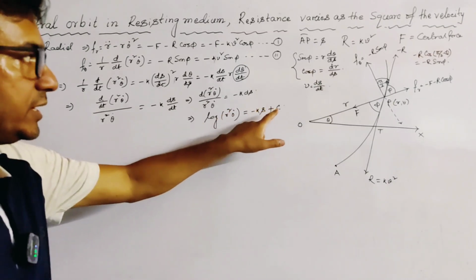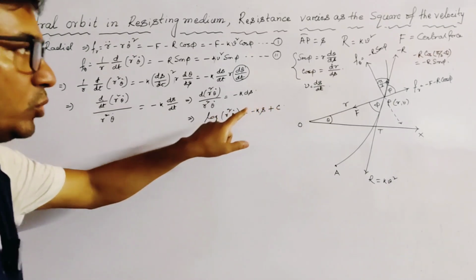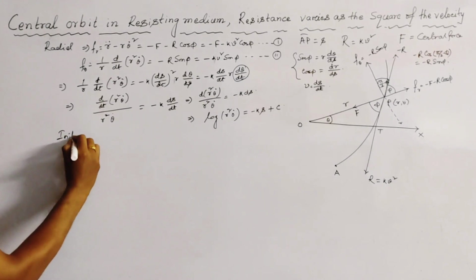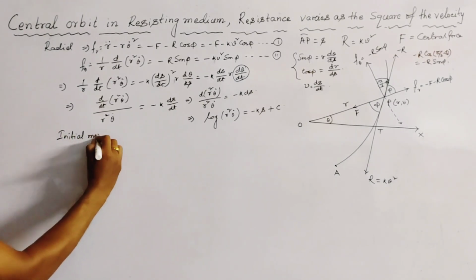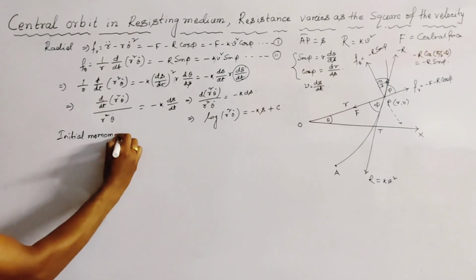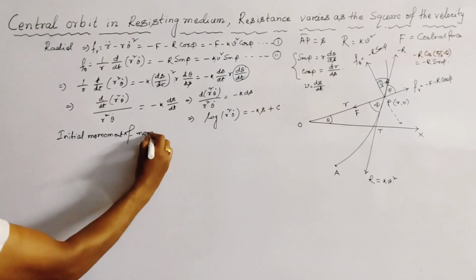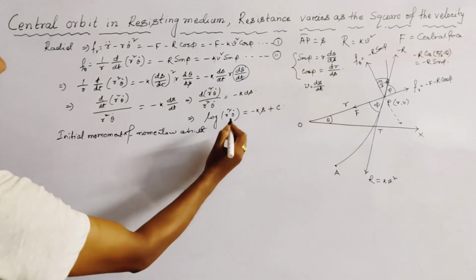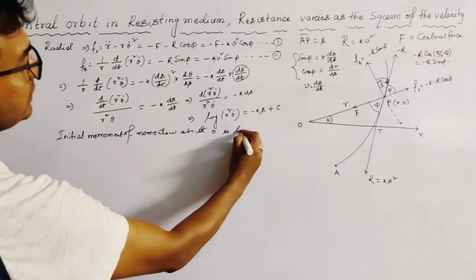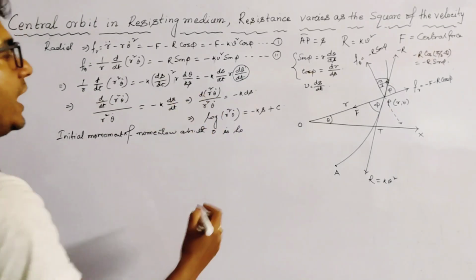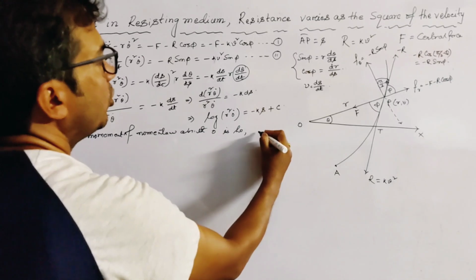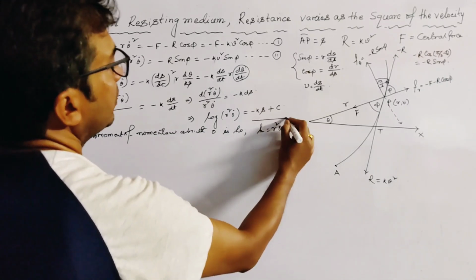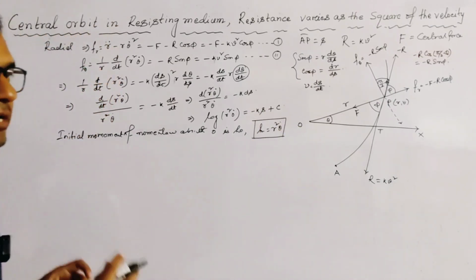To find the integrating constant c, we let the initial moment of momentum about the center of force O be h0. We know that the moment of momentum h is equal to r square theta dot; in a central orbit this is a standard result.